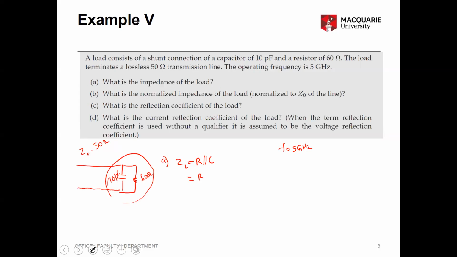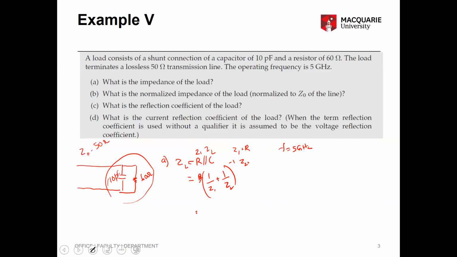So if you think of this as Z1 and Z2, what you need to get is Z1 Z2 over Z1 plus Z2, because they are parallel. Z1 in this case is R, because it's a resistor.